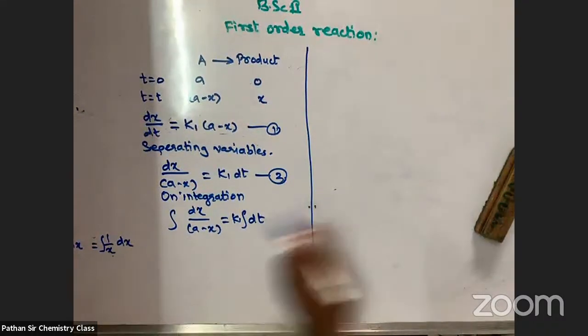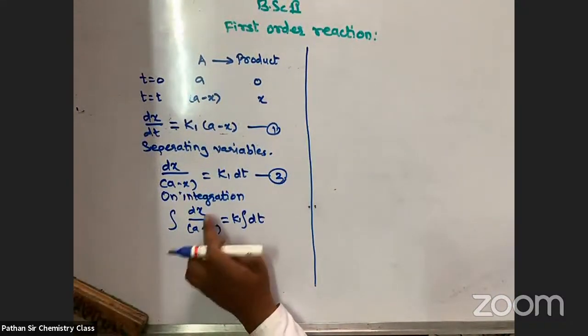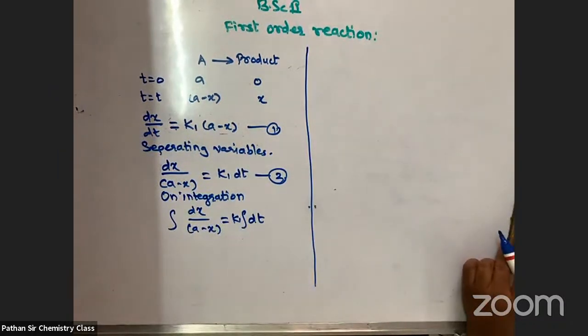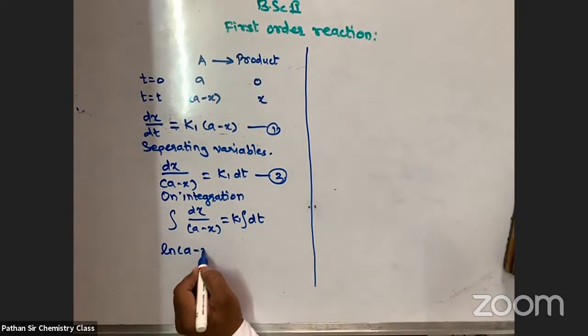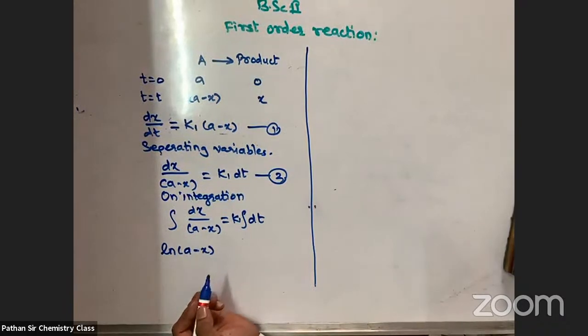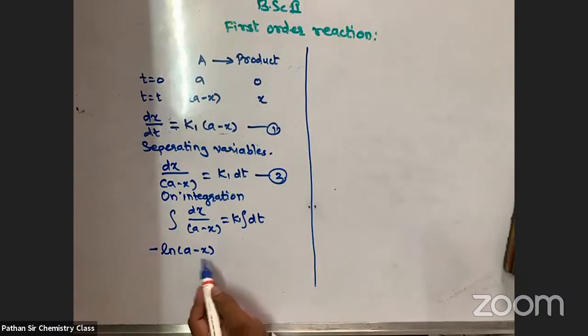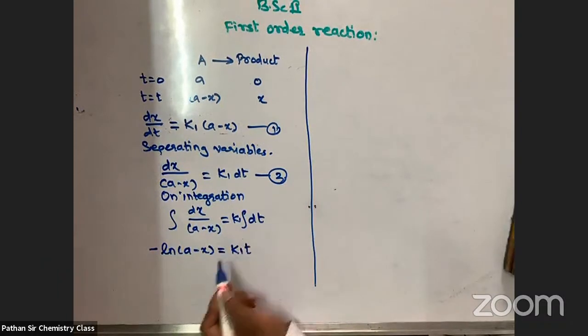Therefore, similarly, the integration of 1 upon a minus x dx will be log of a minus x. It will be log of a minus x, but this x has a negative sign, so it will be minus log of a minus x is equals to k1 as it is, integral of dt.